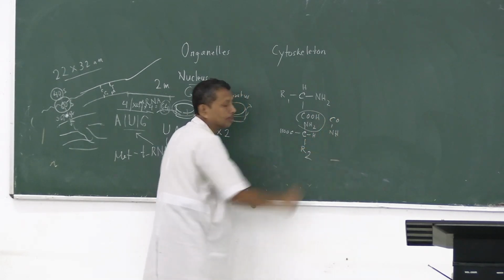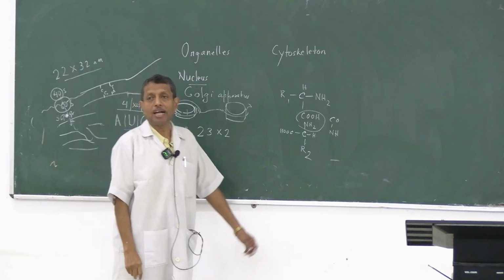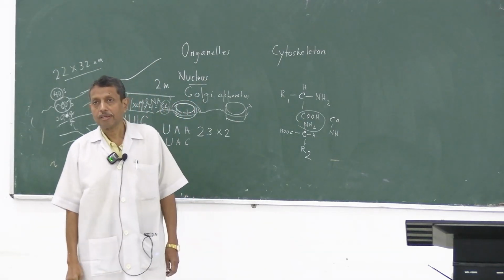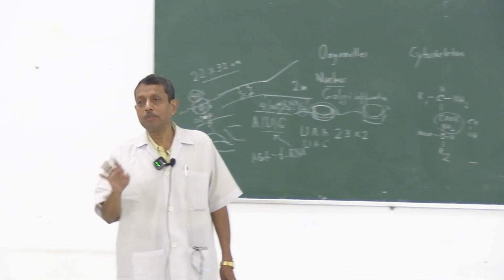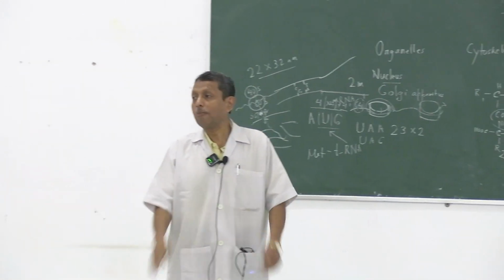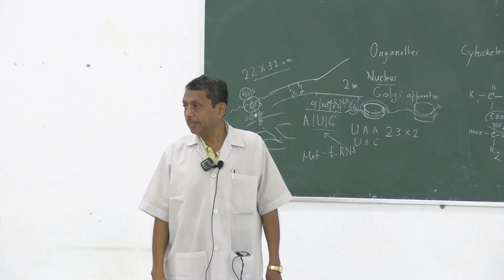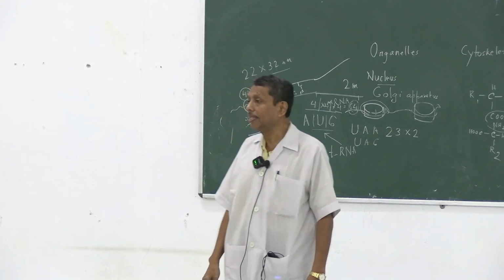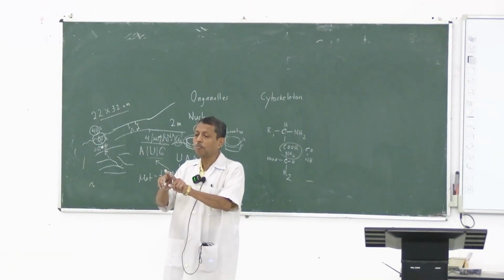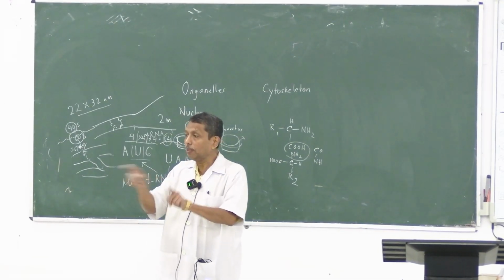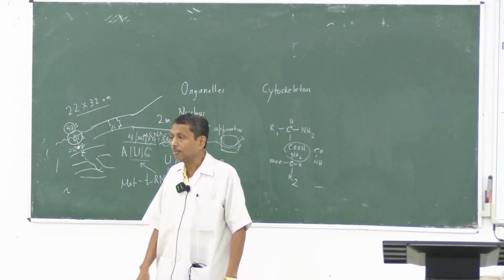Peptide. The accurate figure you will find in the text. This type of concept is required, and these peptide bonds are formed. And the tRNAs will change over their place among these ribosomes.